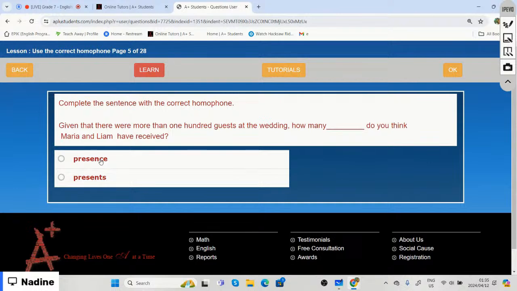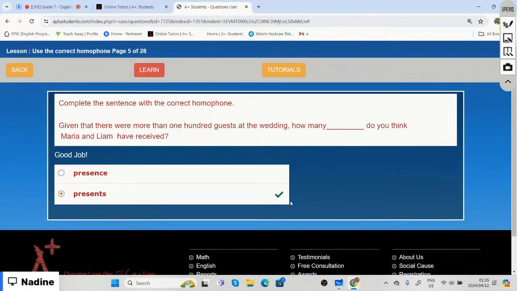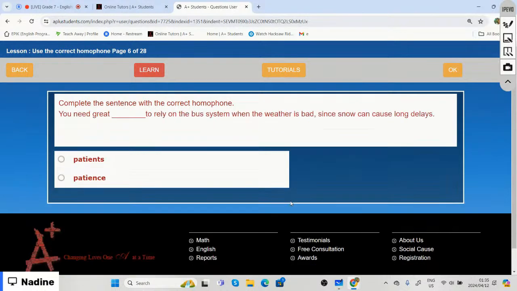All right. So, we can say presents. It's gifts, right? Presents are gifts. And you need great, do we say patience, the top one, or patients, the bottom one?